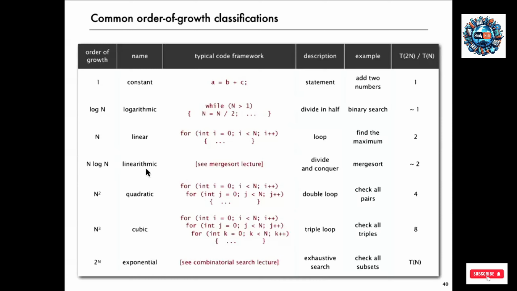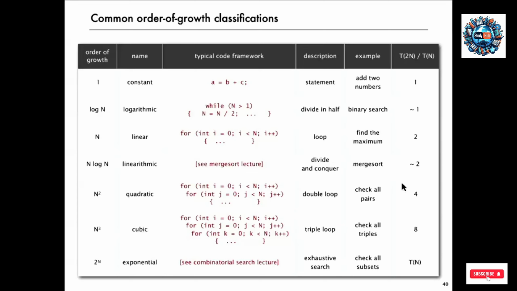Those are the ones that arise from a particular algorithm design technique called divide and conquer. The merge sort algorithm, which we'll talk about in a couple of weeks, is a prime example of that. And if you have double for loops, like our two-sum algorithm, that's going to be time proportional to n squared, as we saw. That's quadratic. Or a triple for loop, like our three-sum algorithm, that's going to be cubic, or time proportional to n cubed.